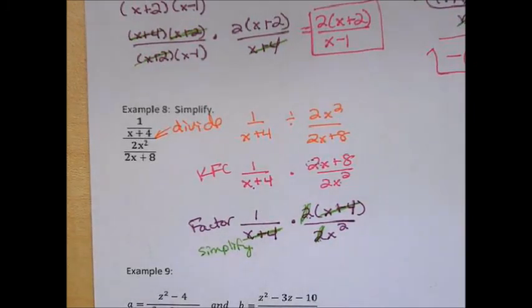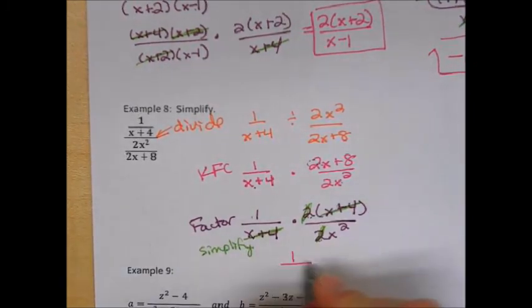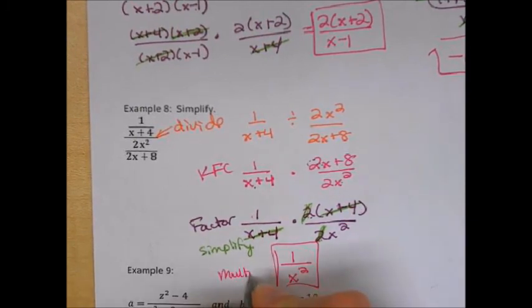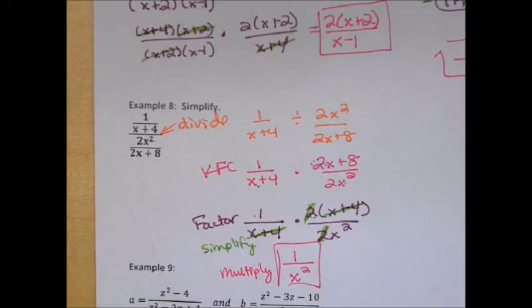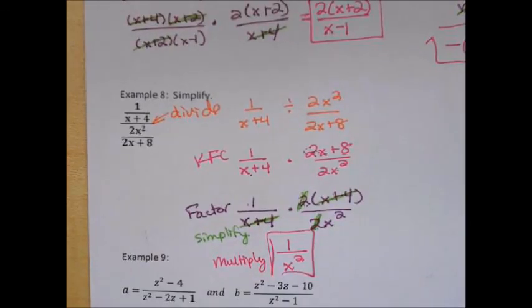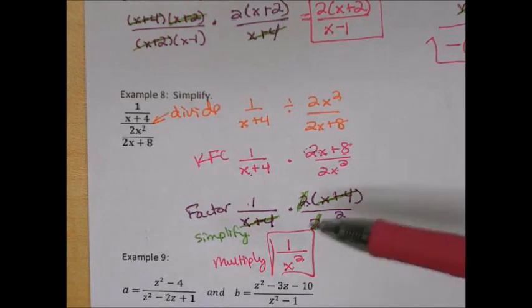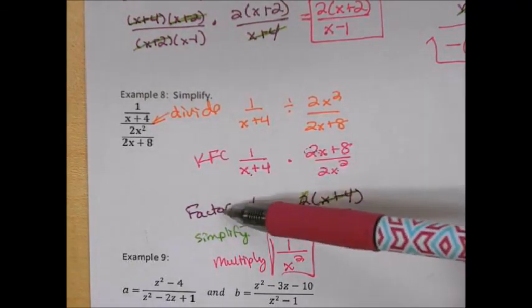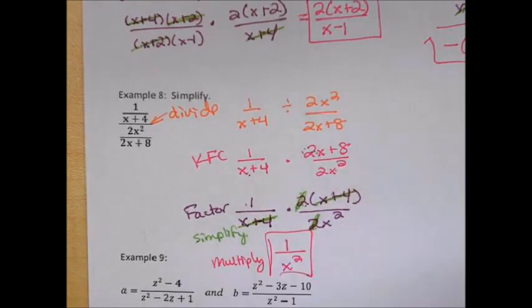I have 1 on top over x squared. And we're not going to do number 9. We're going to stop at number 8. So just to go over it again, if you're dividing, keep, flip, change, then we factor, simplify, multiply.